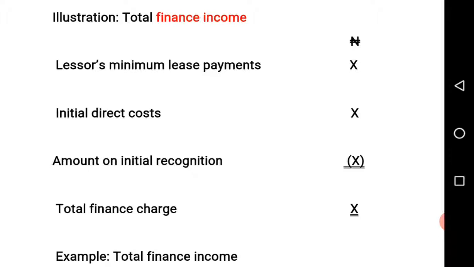The lessor's minimum lease payments, that should be less initial direct costs and the amount at initial recognition. Those two are costs, while the minimum lease payment is an income to the lessor. So we less costs from income, we get the total finance charge, the total gain on leasing the asset that goes to the lessor.